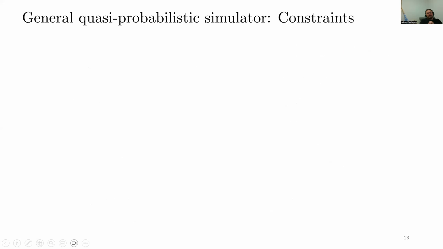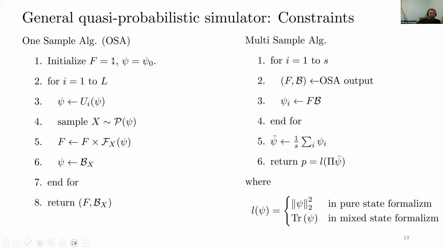So we've painted this picture, or described these simulation algorithms, but we haven't really talked about efficiency, and I want to nail down the key constraints that they need to satisfy for efficiency. These are the steps of the algorithms, but they're not all easy to do. One thing we have to be careful of is step 4, where we have to sample a point in phase space.